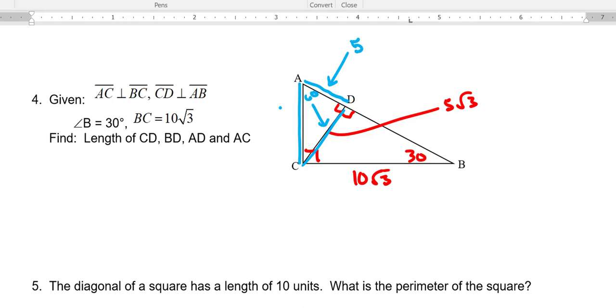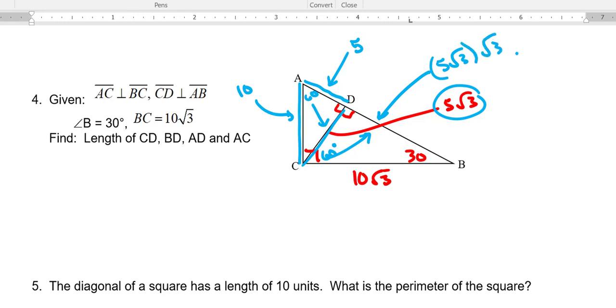And this is my hypotenuse, so it's going to be 10. And did I get them all? Oh, BD. If this is 5 root 3, then this is the side that's opposite the 60-degree angle right here. And so that's going to be 5 root 3 as my x, and then multiply that by root 3. So it's going to be equal to 15.